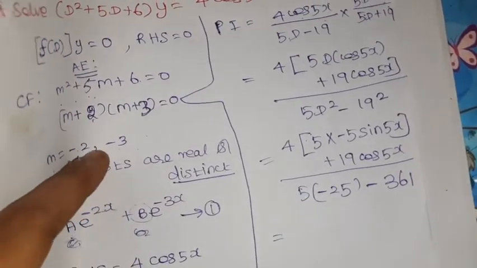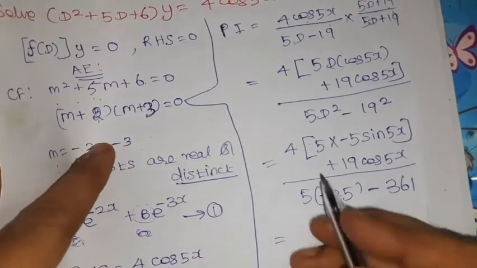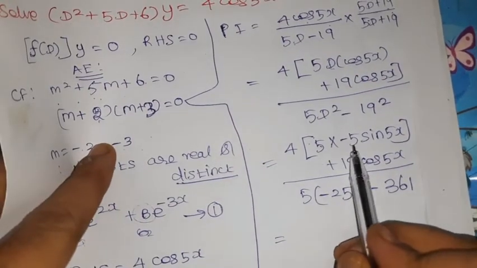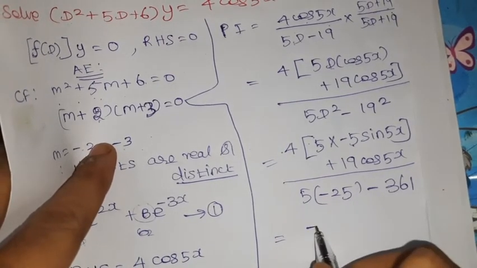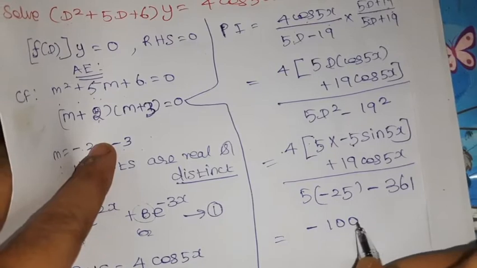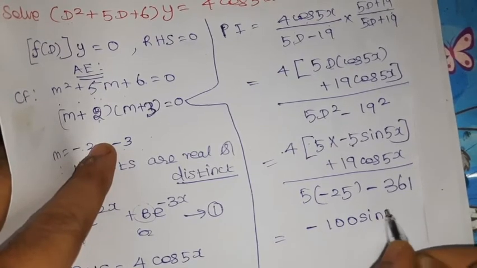Just numerical simplification, we will solve the rest of this. So 5 into 5 into minus 25 into 4 gives minus 100 sin 5x.